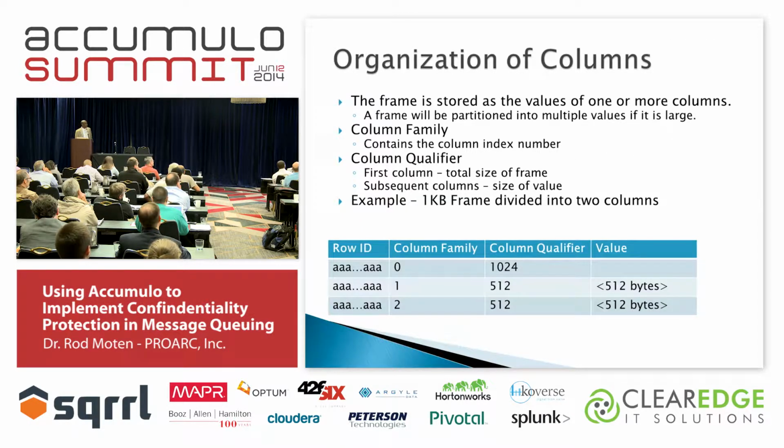So we organize the columns in a certain manner because we first tried to put the entire value in just one column, but that's a problem if you have large values, right?